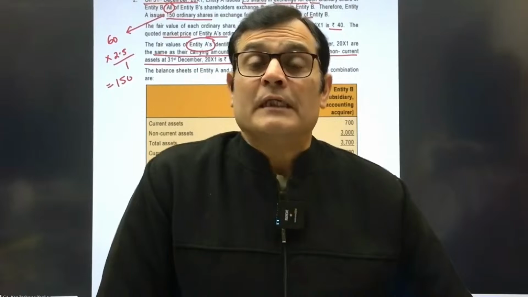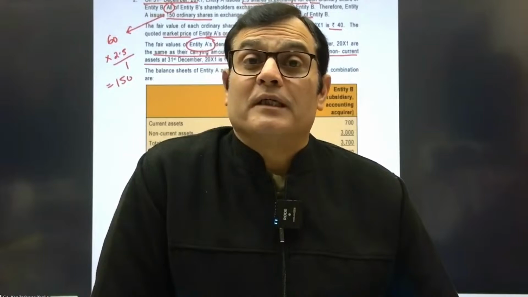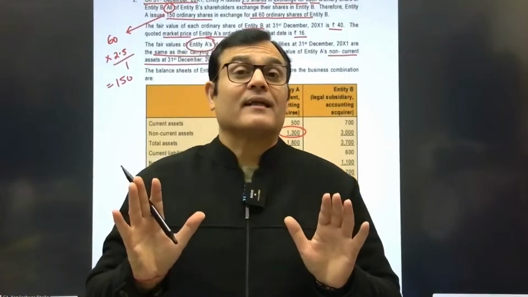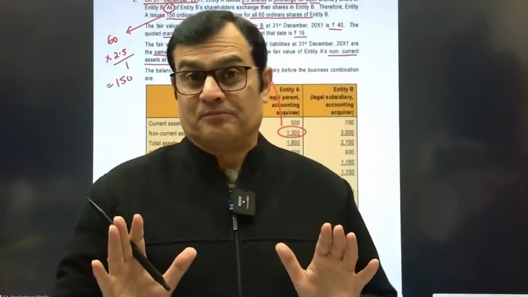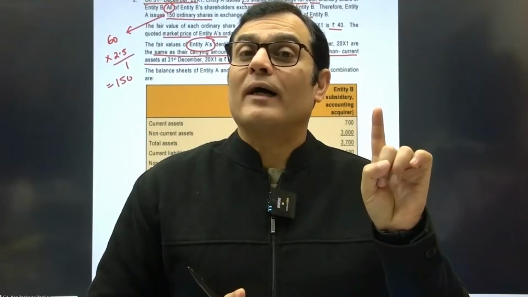Reason: if it turns out to be a reverse acquisition, A, the legal acquirer, is going to become the accounting acquiree, and I would need the net assets of the accounting acquiree. I'm going slow, but I'm just giving you a very clear-cut idea. Just analyze the information I gave you. So I said, if this is a reverse acquisition, A, who is a legal acquirer, is an accounting acquiree.